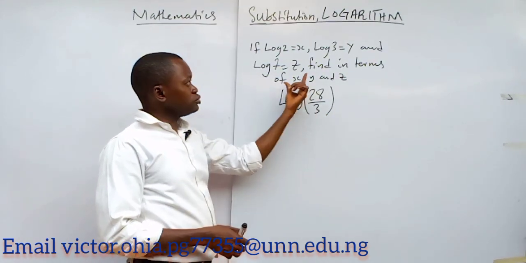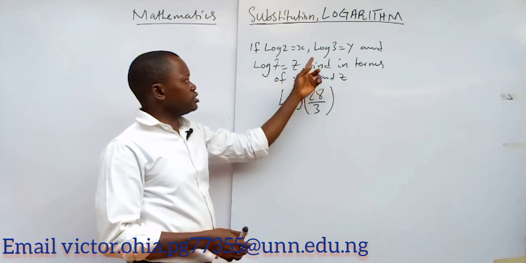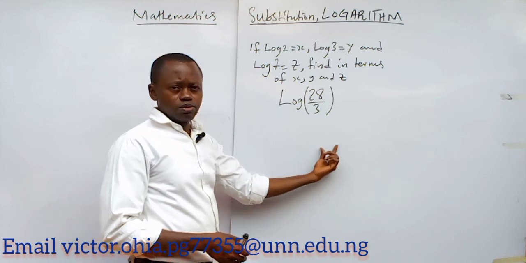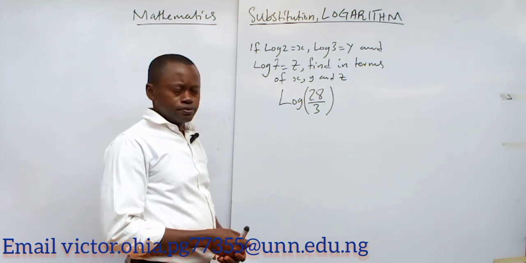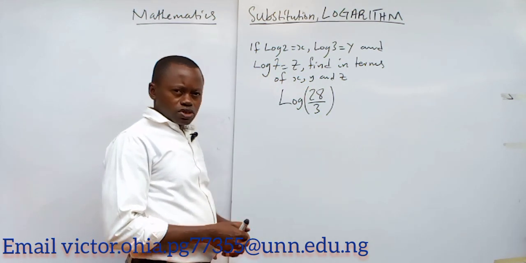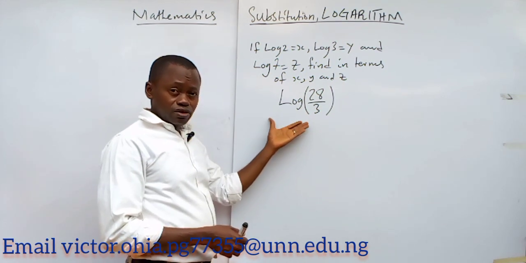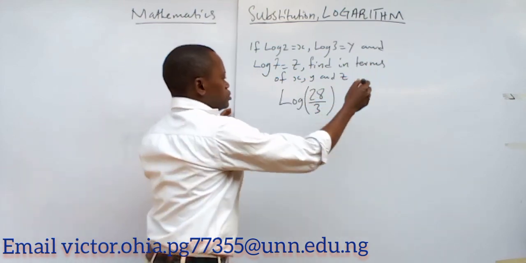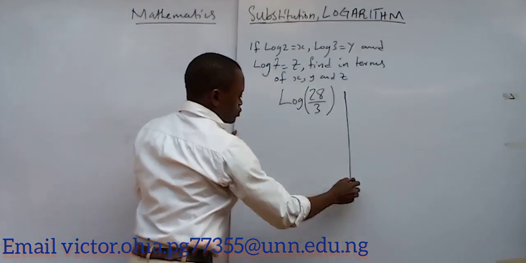That's to say, when you are able to reduce it to log 2, log 3, and log 7, you can now substitute those values into what you have simplified and find the result. The same thing is applicable to this one. So if you learn this, you can still do that one. I'm trusting God for that. All right. Let's see what happens here.